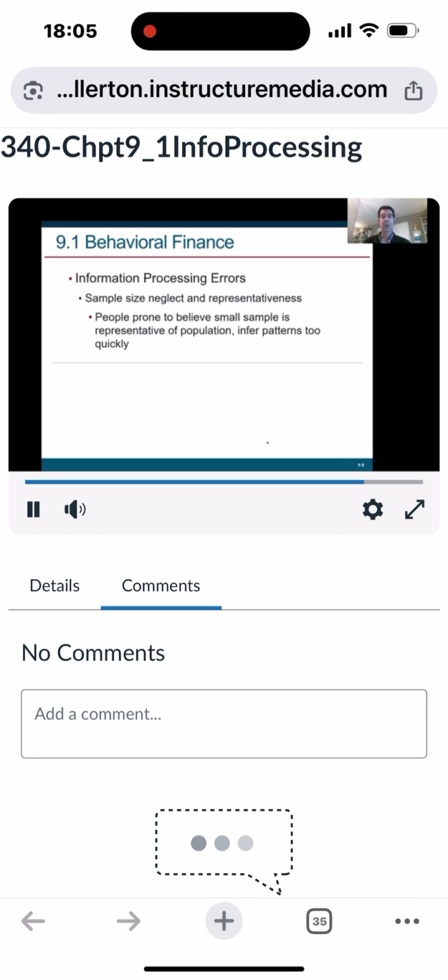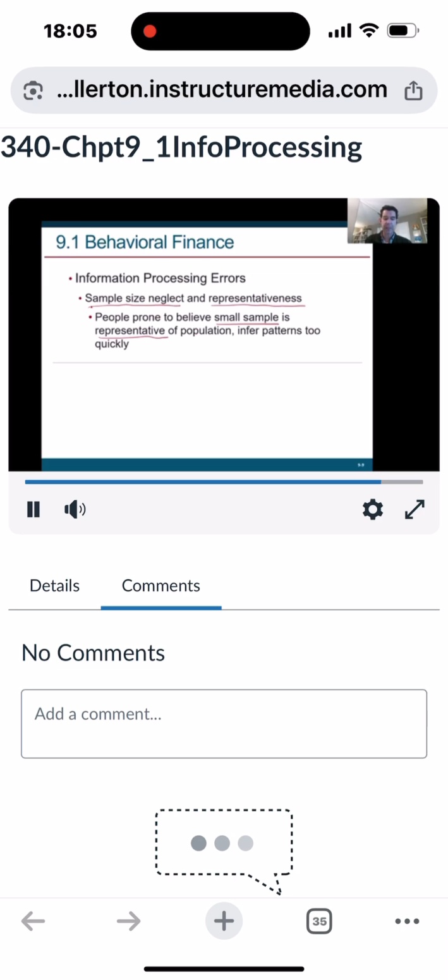Let's do the last one here in this section, the last of the information processing errors. This one is called sample size neglect, or another name is the representativeness bias. Okay, what does that mean? It says people are prone to believe that a small sample is representative of the overall population, and they infer patterns too quickly.